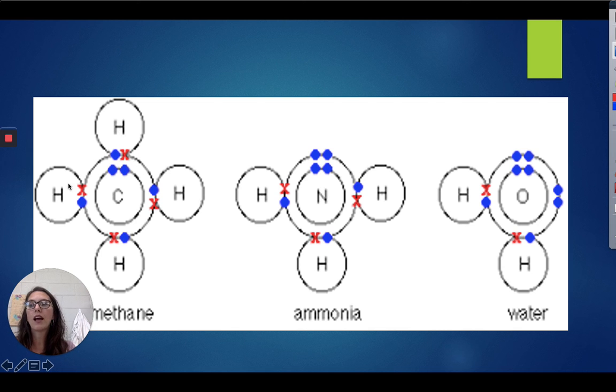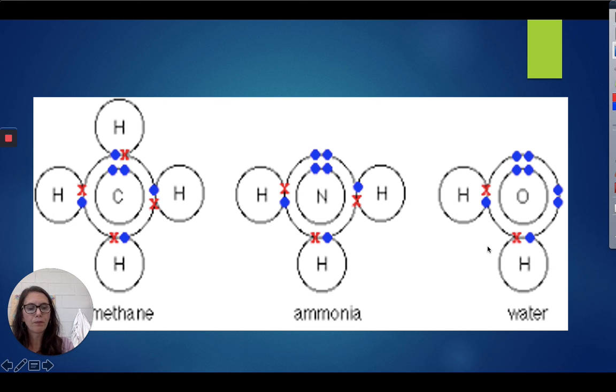And then carbon has 8 in its outermost energy level. Same thing happening over here with ammonia and then with water. So you can tell there's no positive and negative atoms, and there's overlapping of the energy levels.